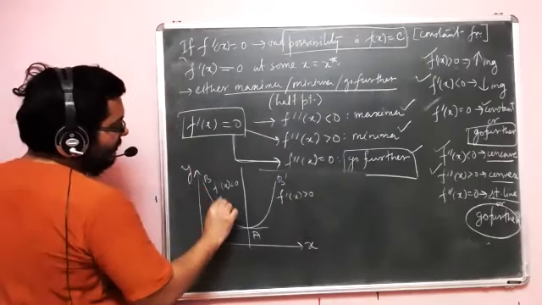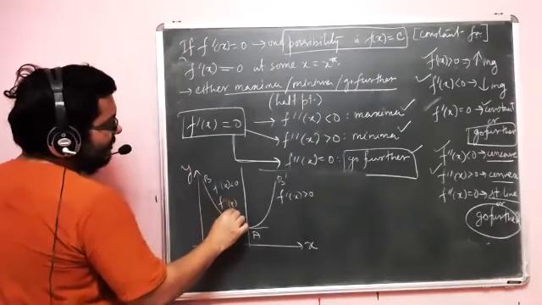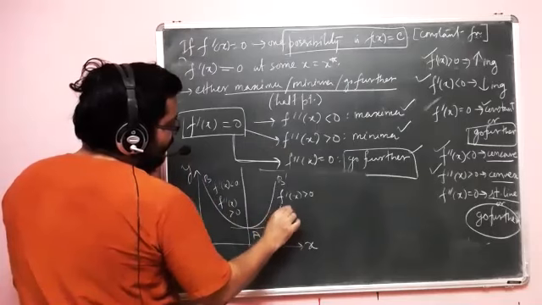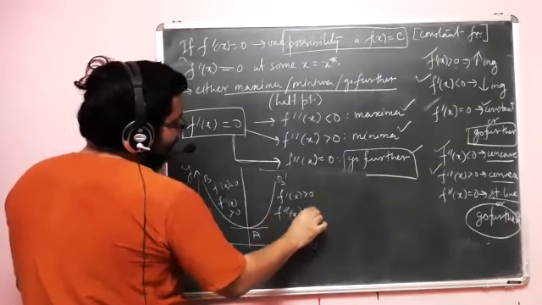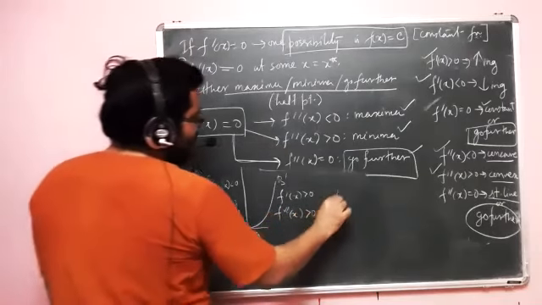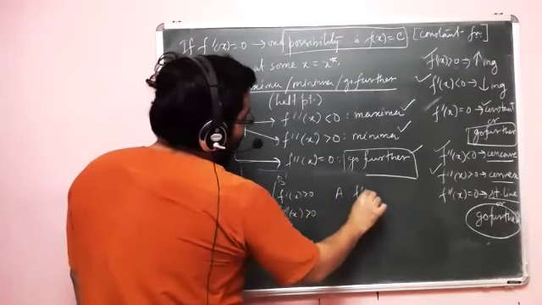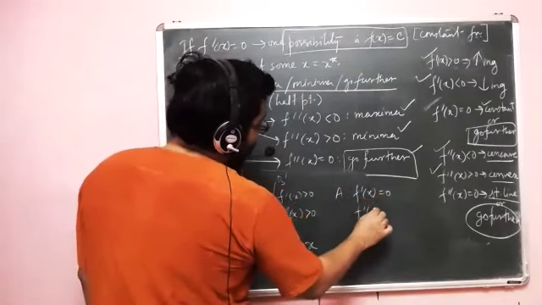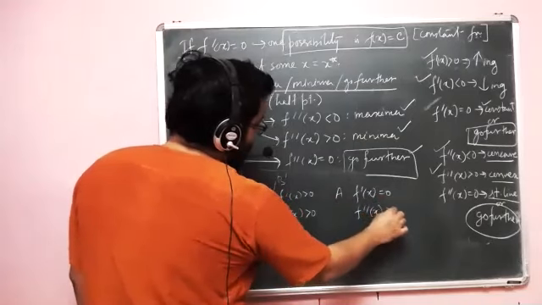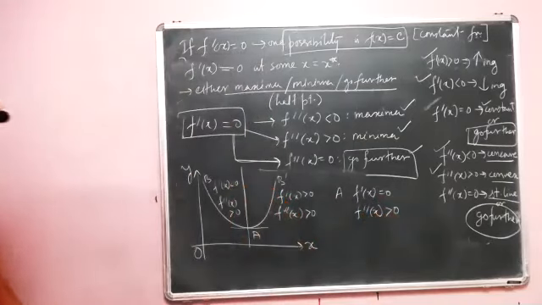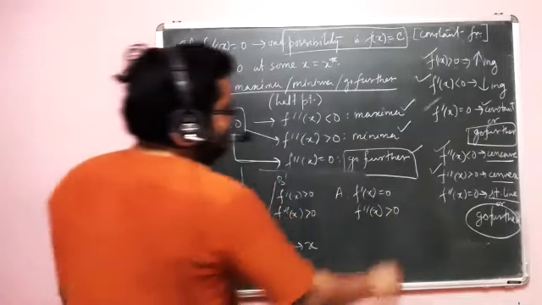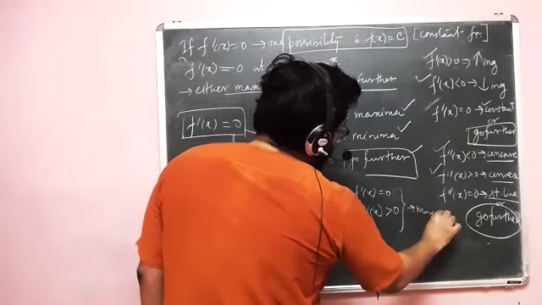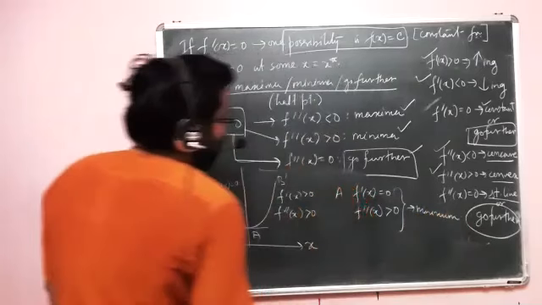Here I have f double dash x positive, and here I have f double dash x positive. And at A, not only do I have f dash x equal to 0, but I also have f double dash x positive. That tells me that this is a minima, or minimum to be correct.